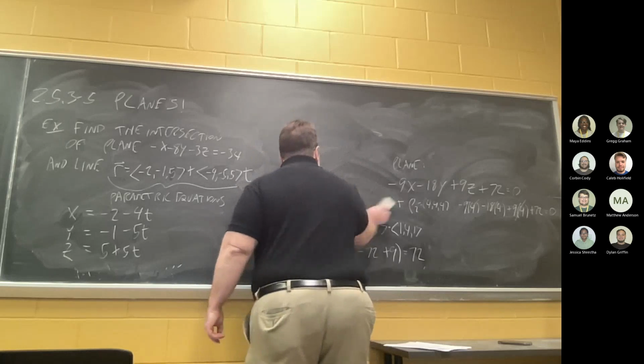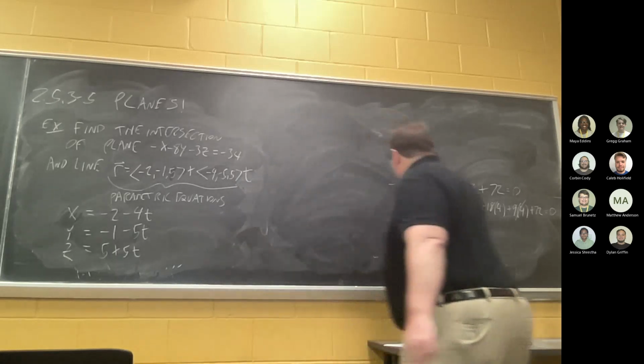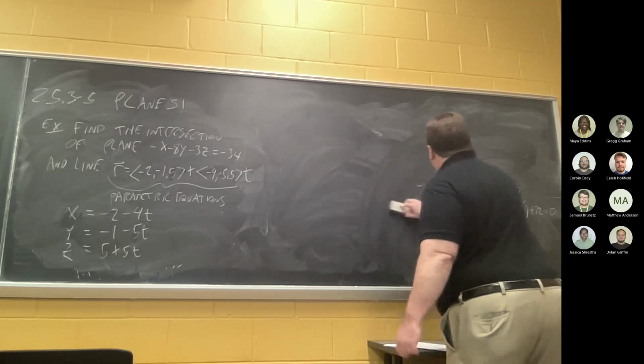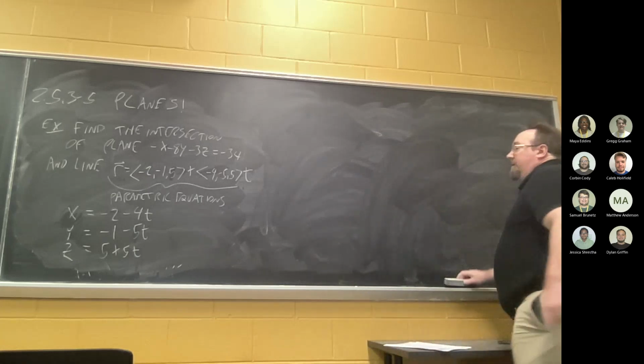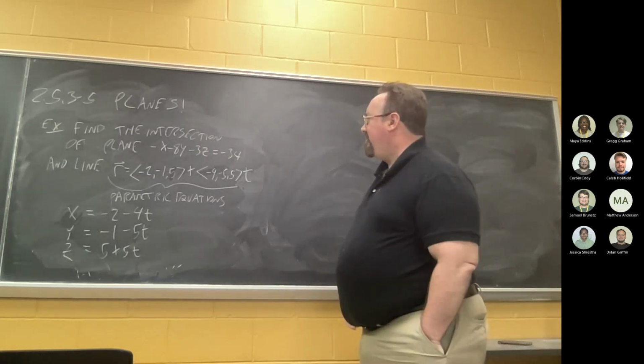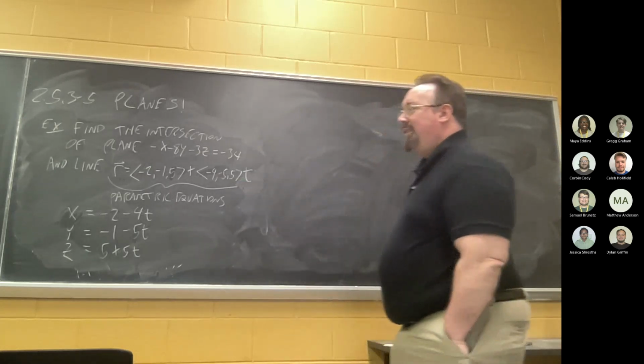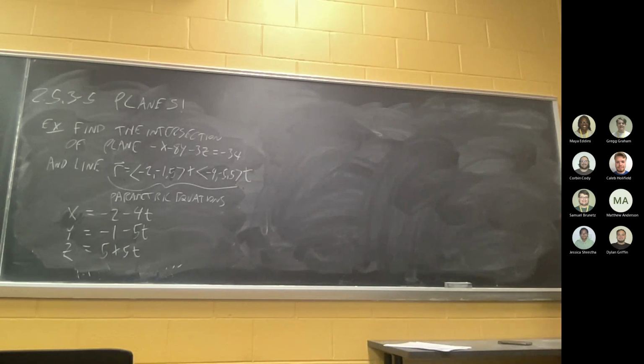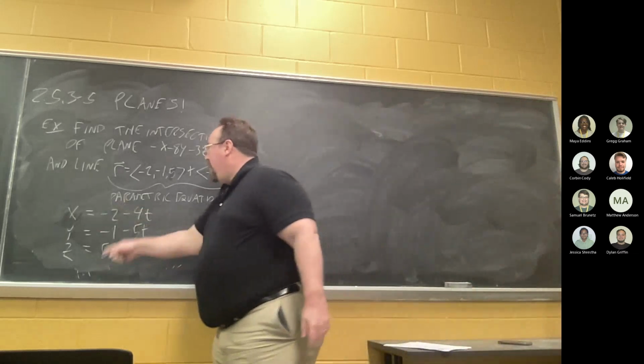And we want x, y, and z to belong to the plane also. So find out where the line and the plane coincide. Can anyone suggest what I should do with what I have here? Plug in. Plug in what into what? Yes, so I substitute x, y, and z into here.